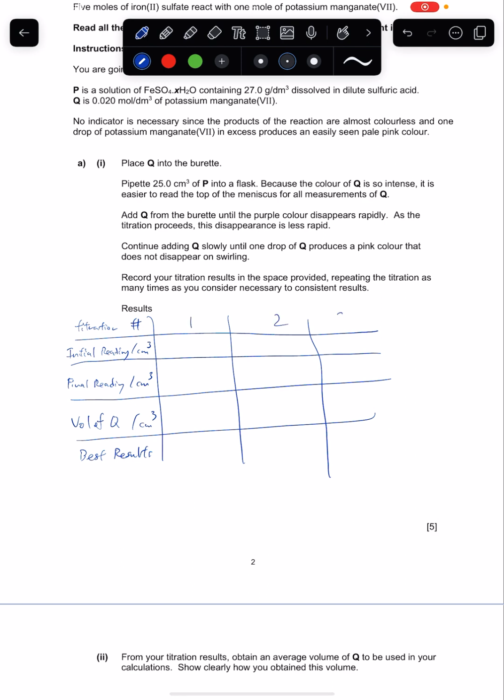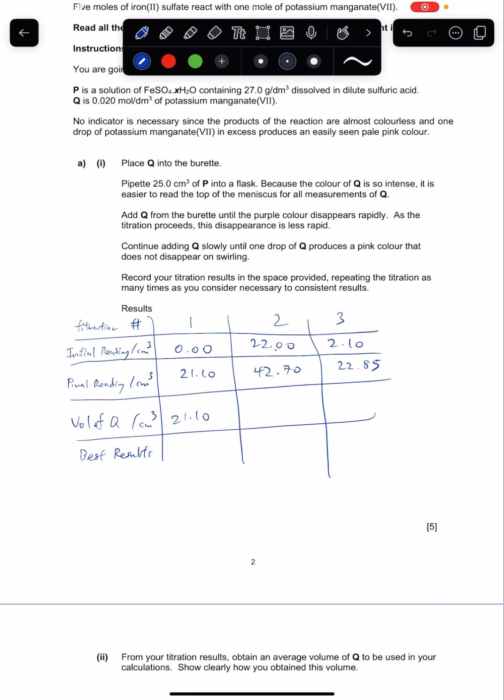1, 2, 3, and the numbers here are 0.00, 21.10, 22.00, 42.70, 2.10, 22.85. So the difference gives you the volume that is used. 21.1.